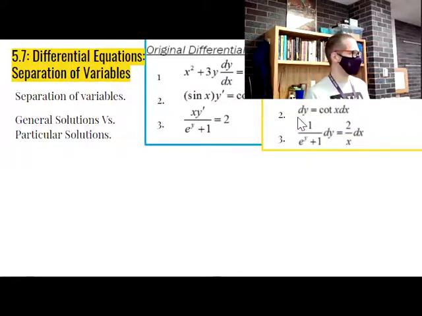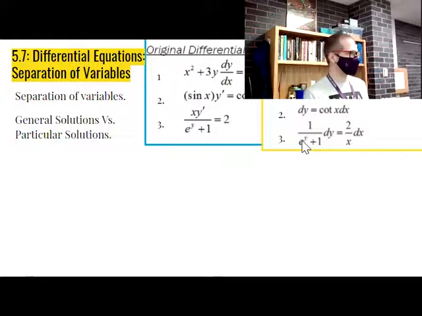And that's why they got dy equals cotangent of x dx, because you divide by sine of x, and cosine divided by sine is cotangent. That's how this one appeared. This one, again, this is e to the y. So we just divided by x, turned y prime to dy over dx, multiplied by dx, so we could get this one over here.